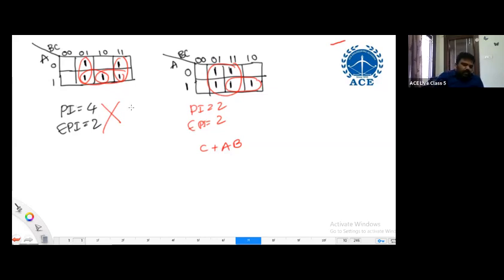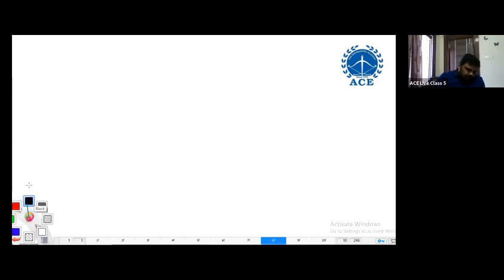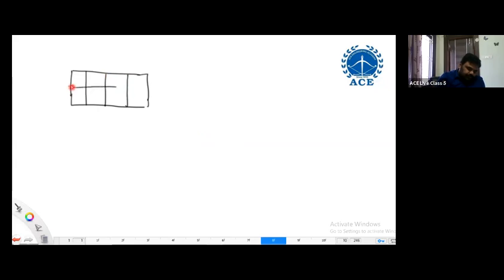Okay. Let me take the same question, assuming the given K-map is correct. I'm writing this question in the next slide once again. If in that K-map the given order is correct, then what should we do? 0, 1, 1, 1, 1, 0.